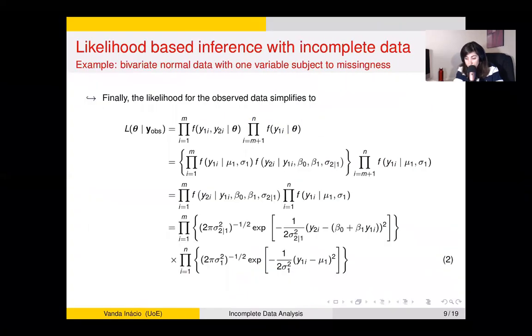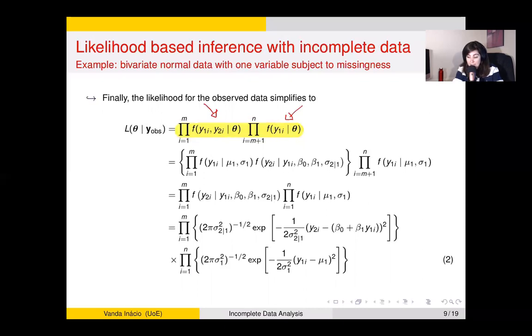And so I go back to my original likelihood, correct? This is what I had before, where we replaced the joint density by the bivariate normal, and this is the univariate normal.